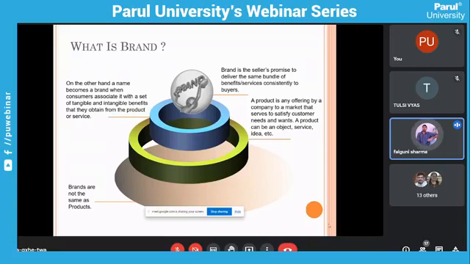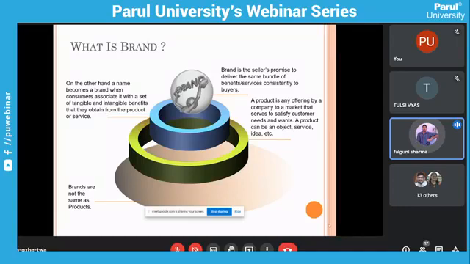There are some standards and levels, particularly in terms of trust, quality, and how it is used. That is a kind of promise which delivers a bundle of benefits consistently to the buyer, which makes buyers advocate this particular product, which actually becomes a brand.